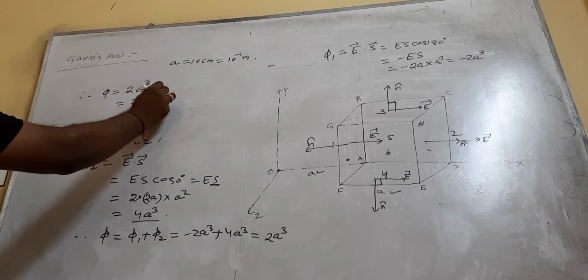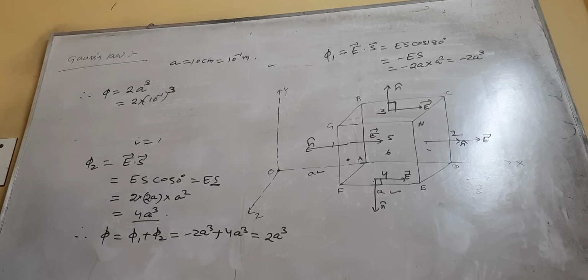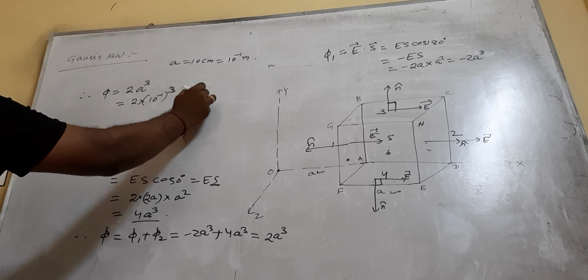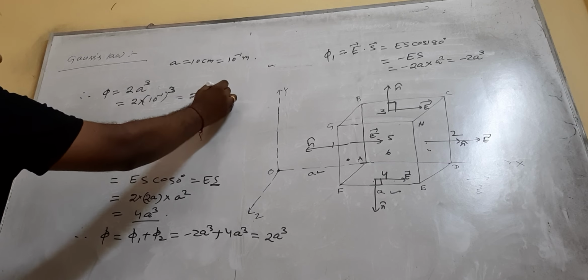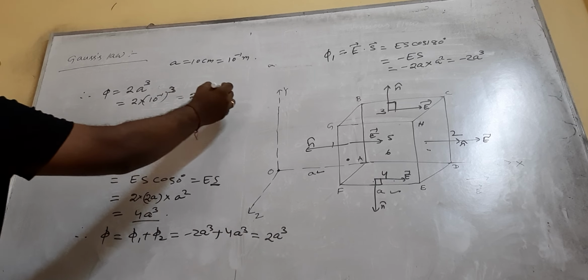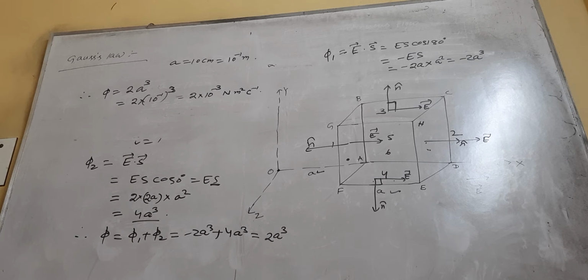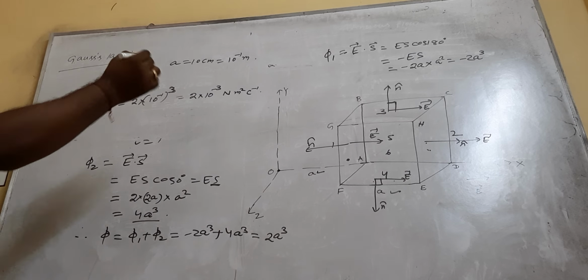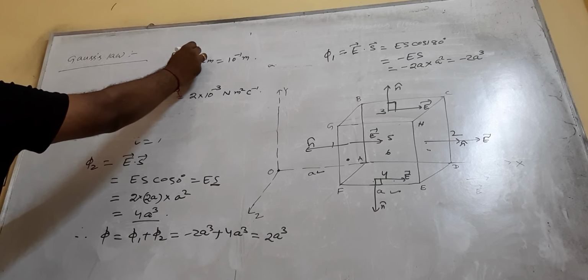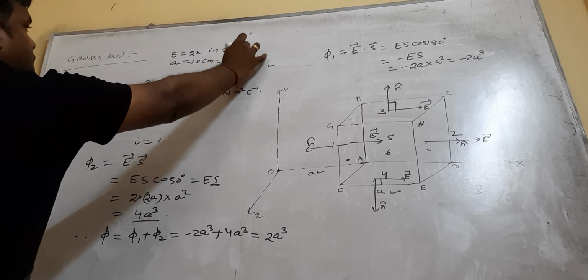So 10 to the minus 1 to the power 3, into 2, that is equal to 2 into 10 to the power minus 3. What will be the unit? As we have taken SI unit, then it is Newton meter square Coulomb inverse. Here we have taken E is equal to 2x, that is in SI system.